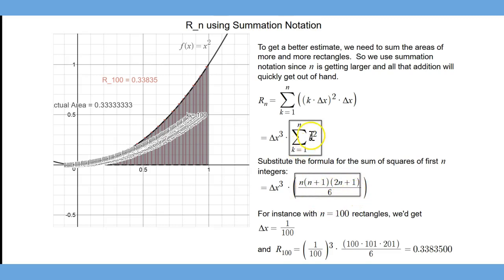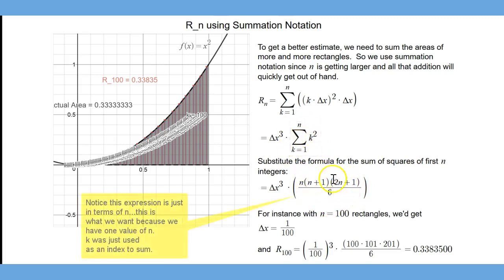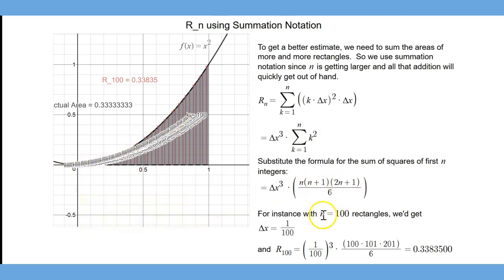So I can substitute this expression for this sum, and then whatever number of rectangles I want to use, I evaluate this at n. So for n equals 100 rectangles, I get delta x is 1 over 100 because my interval is 1. And then R sub 100, I evaluate this expression at n equals 100, and I get this value.